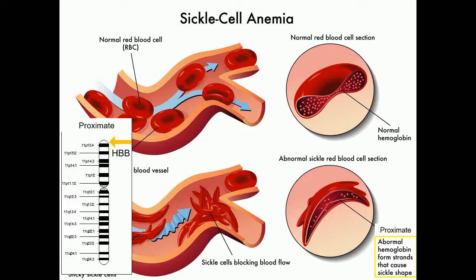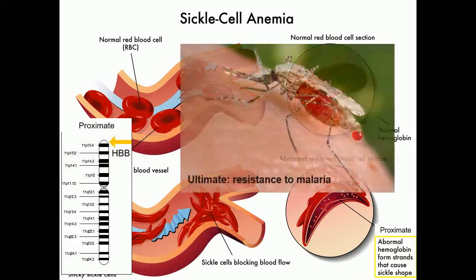If you're homozygous for the bad version, you get the negative consequence. But if you're heterozygous, that is, you have one version of the normal gene and one version of the messed up version, it's actually good for you, and it provides resistance against malaria. So there's natural selection to maintain this gene in the gene pool, because in the heterozygous form it gives a fitness benefit. So this is an ultimate explanation for why this thing is still around.